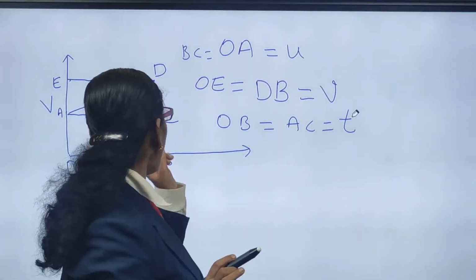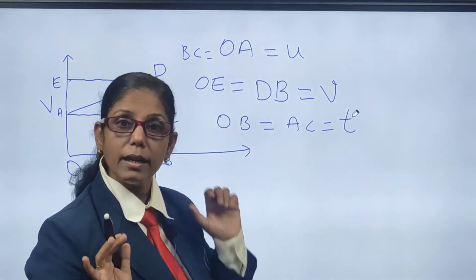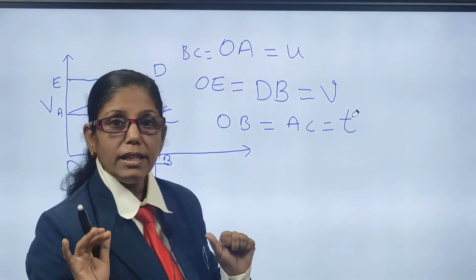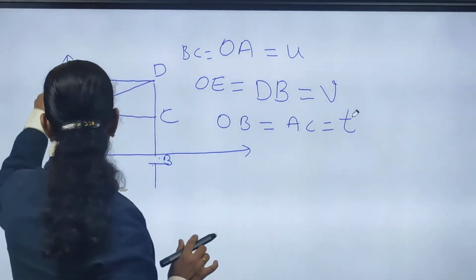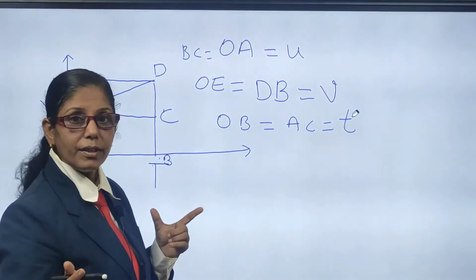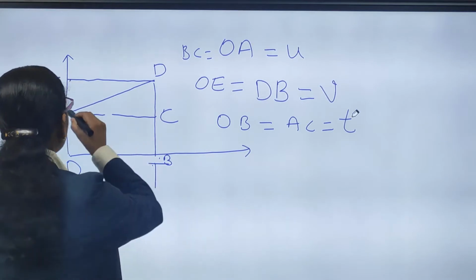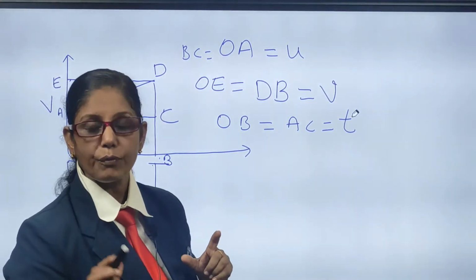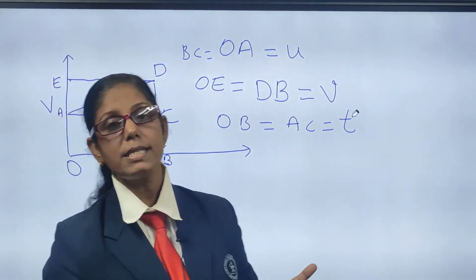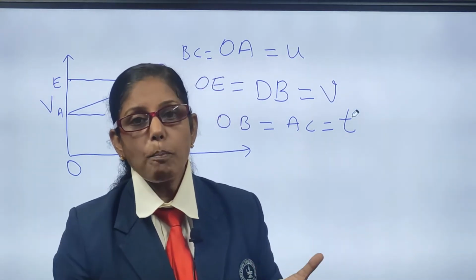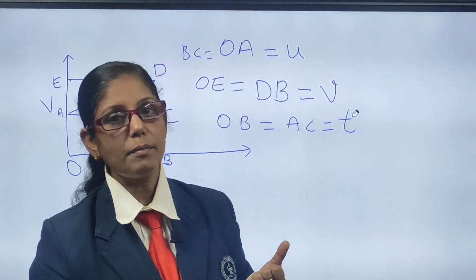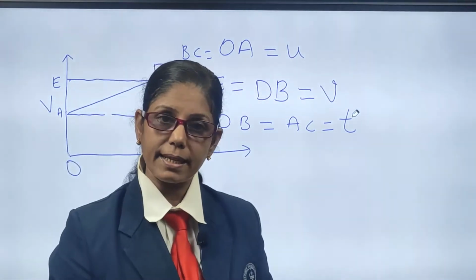Now, what we have to find out here? Final velocity. For finding out final velocity, that is OE, graphically, what we will do? We will find the acceleration of this graph. You have already studied the slope of velocity time graph gives us acceleration.